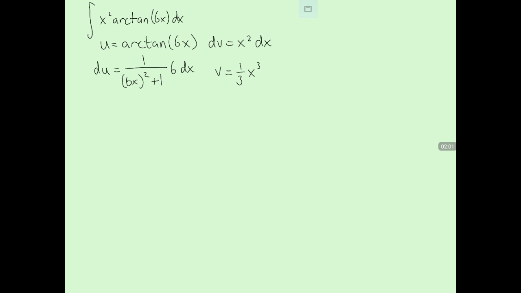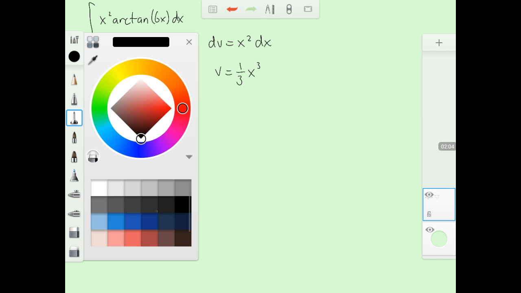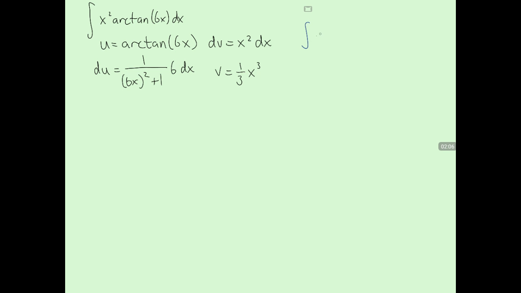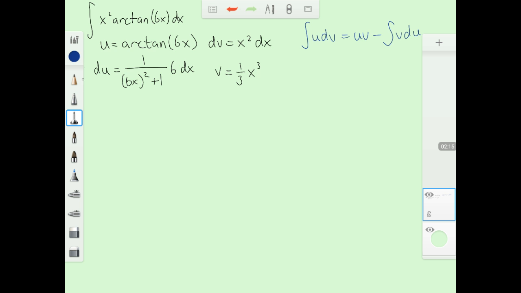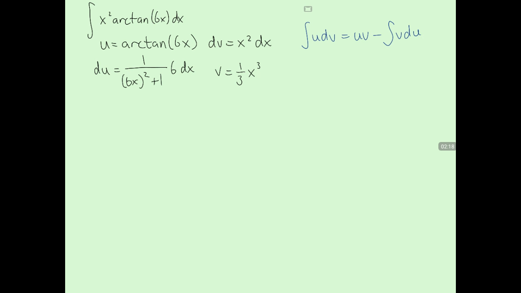And according to our integration by parts formula, which tells us that the integral of u dv equals uv minus the integral of v du, we can simplify our integral to this. We're going to do uv, which is 1 over 3 x cubed, times arctan of 6x, minus the integral of v du.